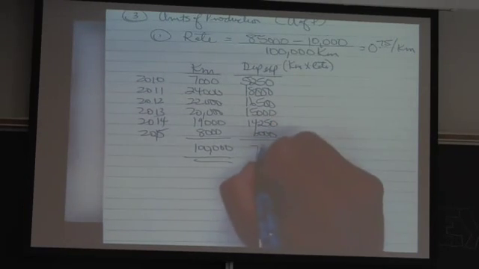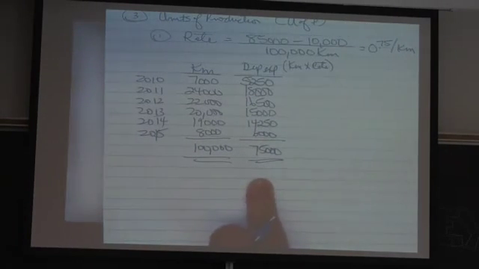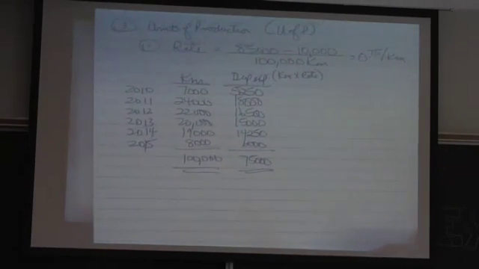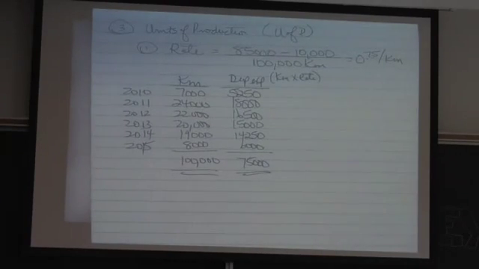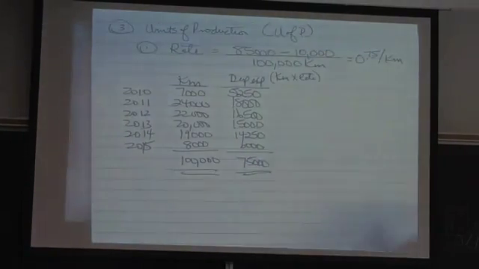Altogether, we're going to amortize by 75,000. That makes sense because we can't amortize the asset below its residual value. So we know the net book value at the end is going to be 10,000, which is the residual value.